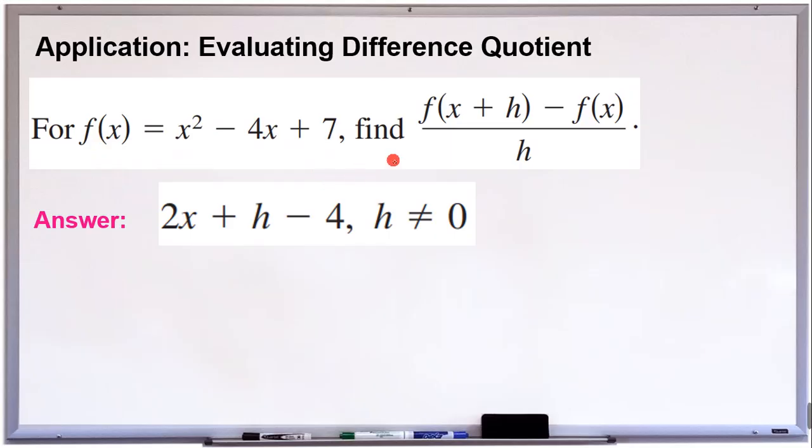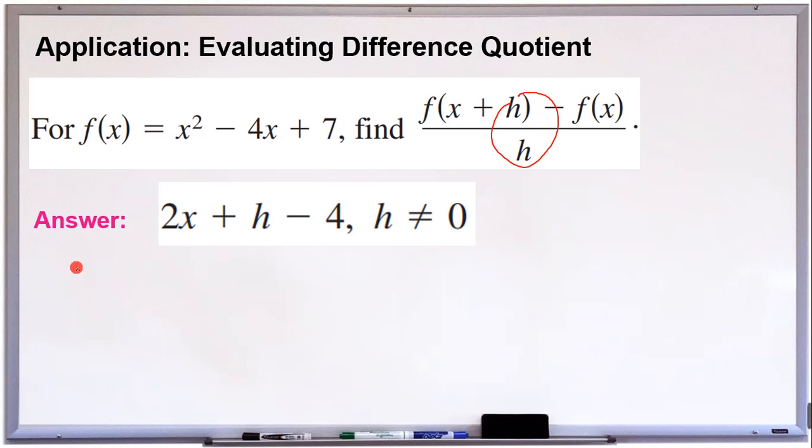Now our goal here is to find the function of x plus h minus the original function all over h. Now our answer here is 2x plus h minus 4, such that h should not be equal to 0, because of course this is a rational function. So we're going to follow the rule in which the denominator should not be equal to 0.